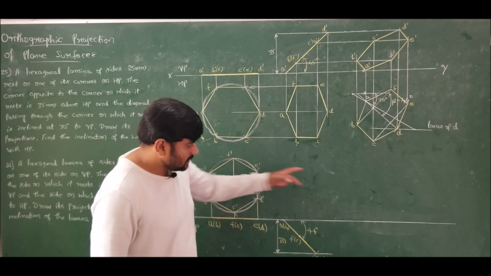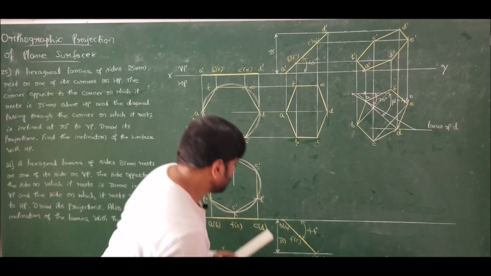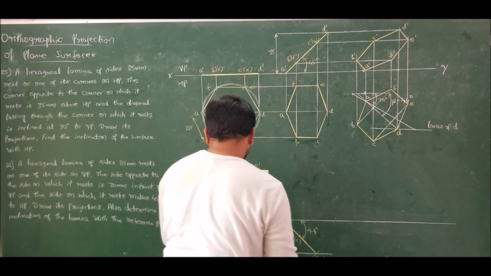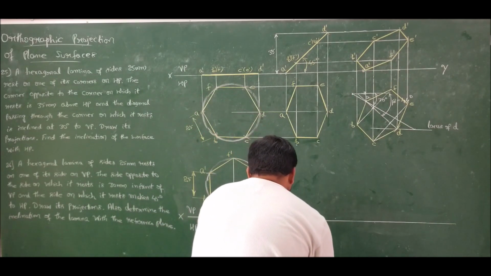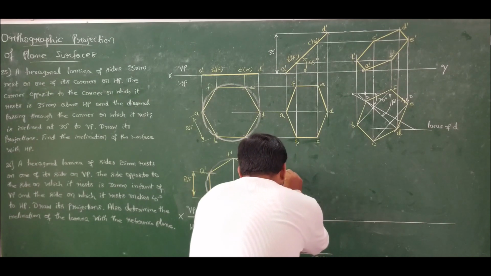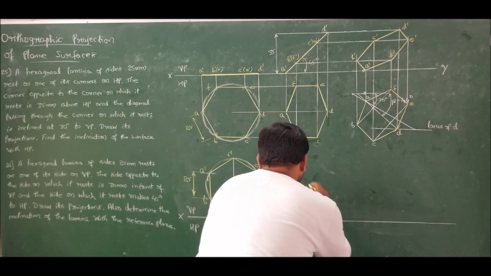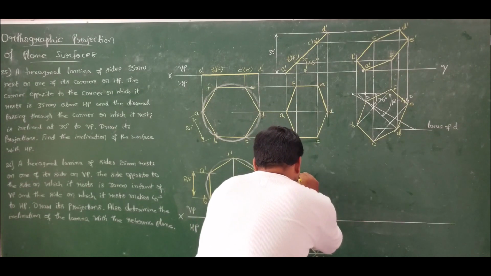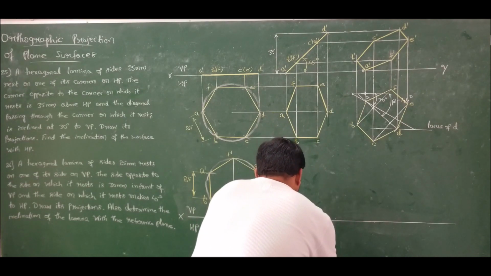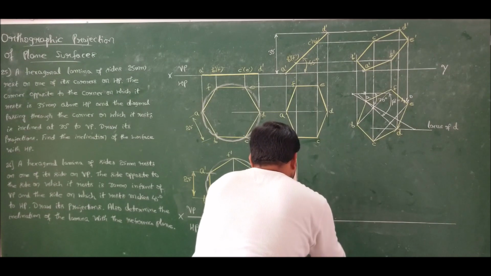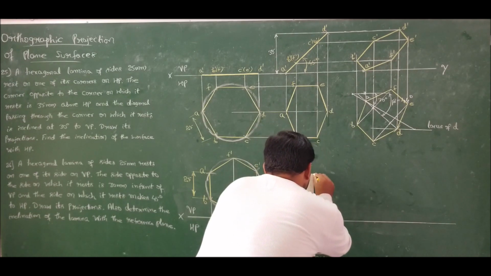Now take vertical and horizontal projection and complete the sketch. Take AB, we have FC, corners FC, and we have corners ED.